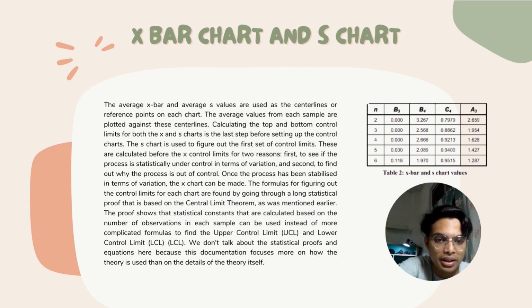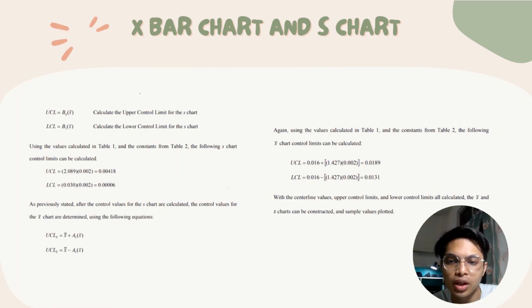We don't talk about the statistical proofs and equations here because this documentation focuses more on how the theory is used than on the details of the theory itself. So now we go on to how to calculate the upper and lower control limits for both the X bar chart and the S chart.